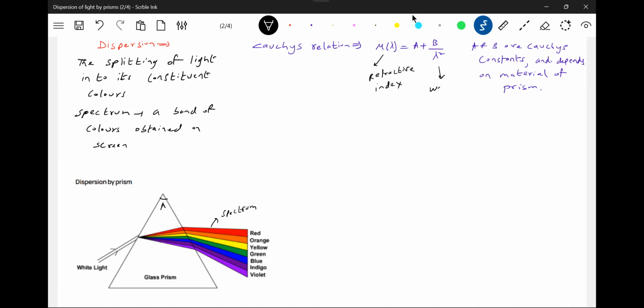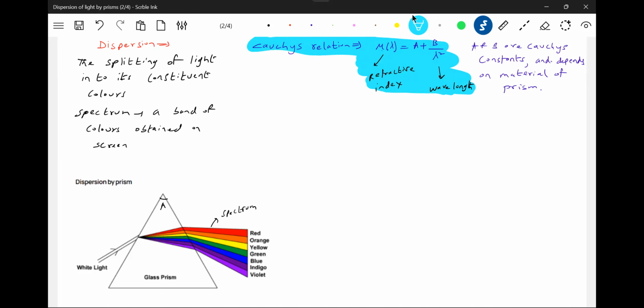Lambda is the wavelength. Like this, we define Cauchy's relationship. This is very fundamental, and it will help us a lot in studying the dispersion phenomenon.